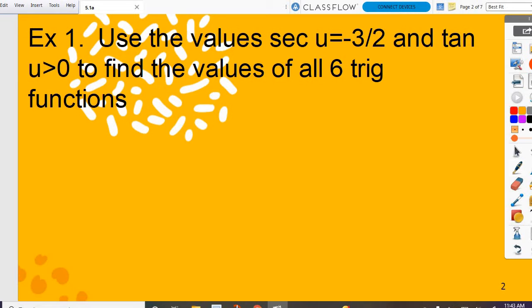Yeah, so we know that cosine of u equals 1 over secant of u. Well, do we know what secant of u is? Yeah. So if I plug that in, what do we get?